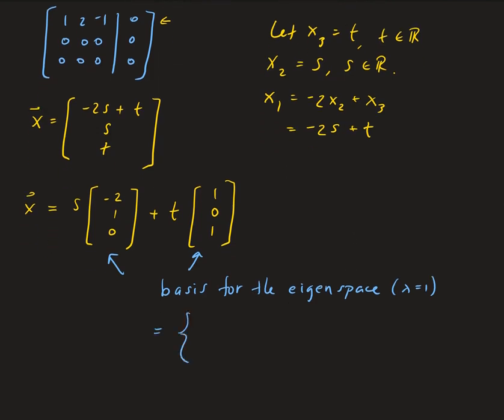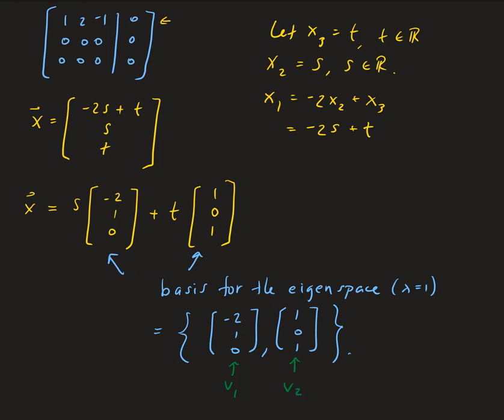We write this as a set. This is going to be part of our P matrix. Let me identify these: this is V1, and I'm going to call this V2.